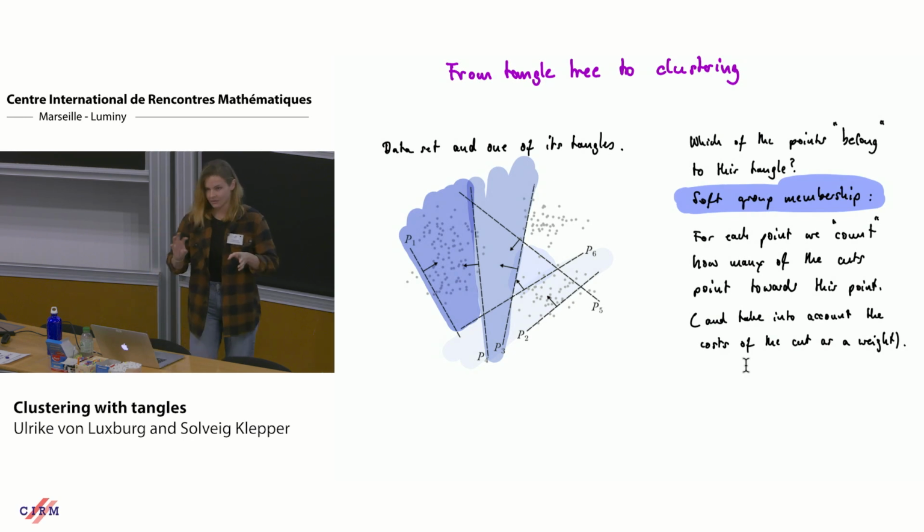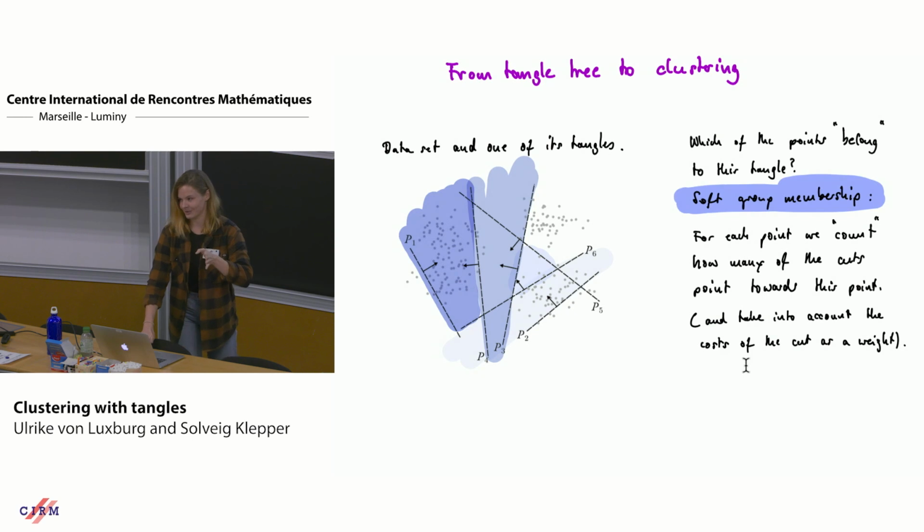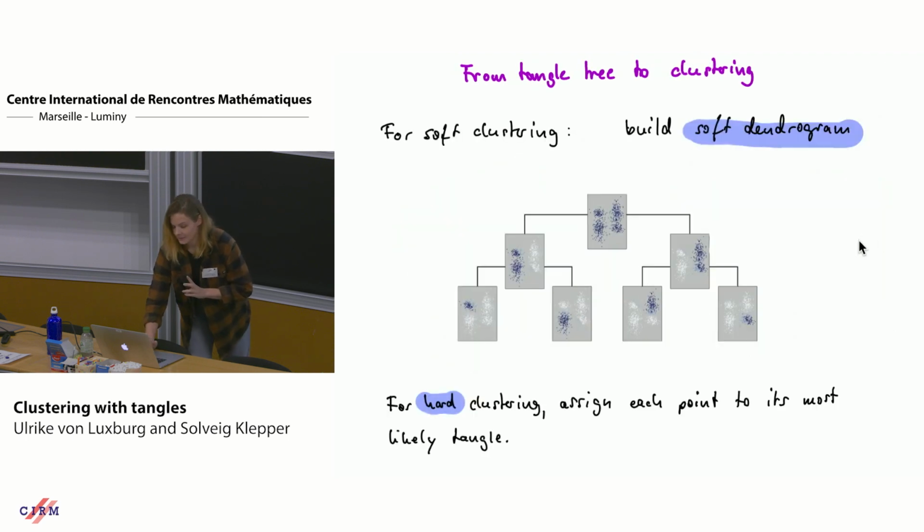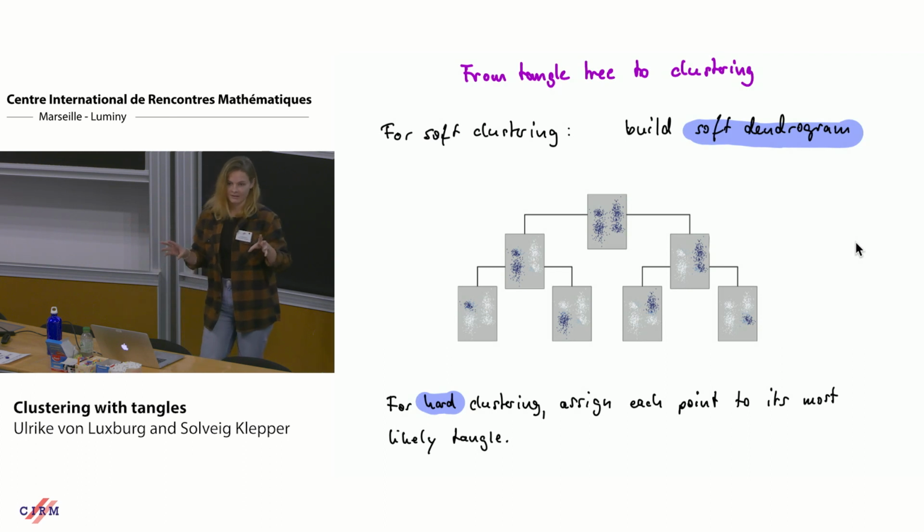And like I said, it's not really correct to talk about tangles as clusters. We usually say a point belongs to a cluster that corresponds to a tangle, or we say a tangle corresponds to a cluster, but I might say that wrong as well sometimes. Just beware, it doesn't really belong to a tangle. It belongs to a cluster that corresponds to a tangle. We can do this for every point and every cluster in the data, and what we get is something like a soft hierarchical dendrogram.